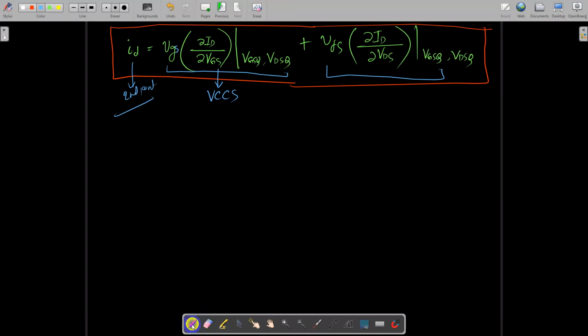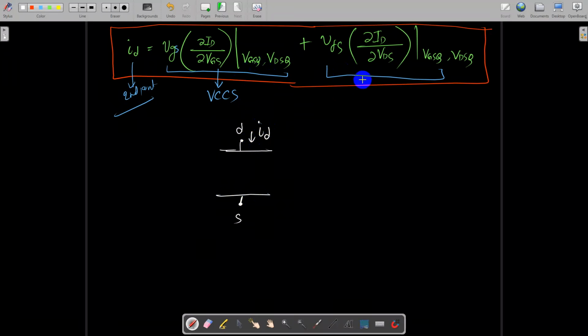So let's think that you have a drain, this is your drain and this is your source, and you have a drain current like this, and this drain current is ID, and it has two separate paths.